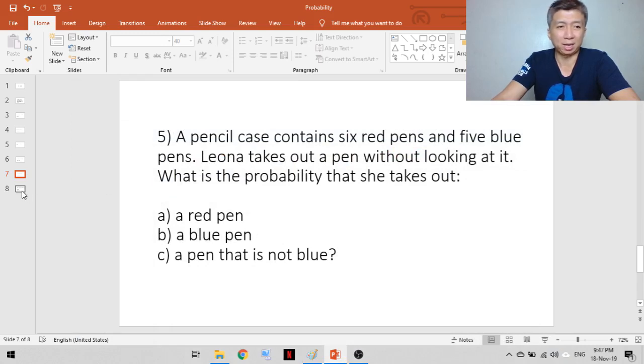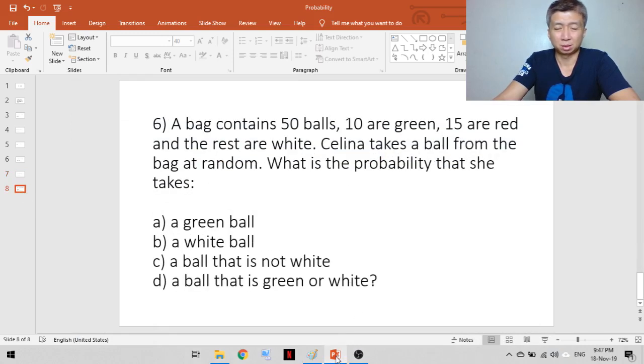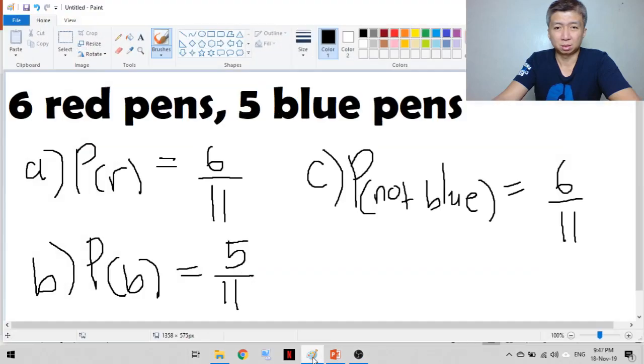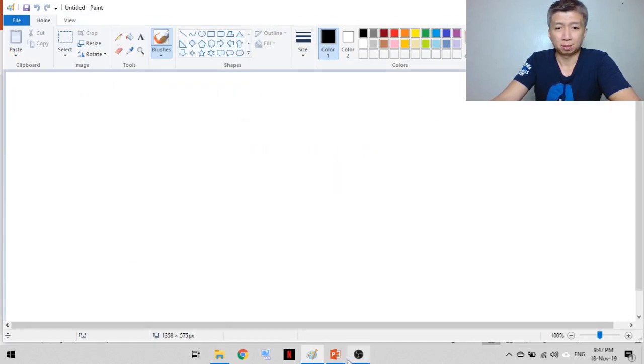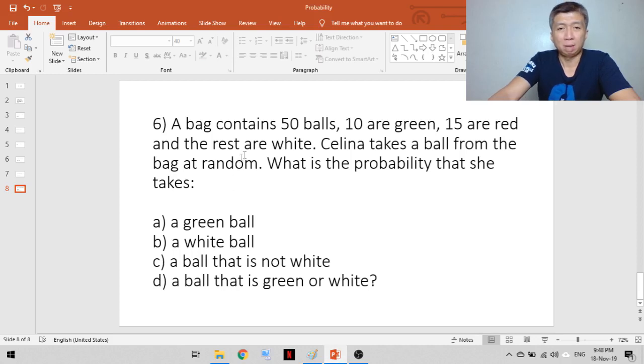Alright? Last one. A bag contains 50 balls. 10 are green, 15 are red, and the rest are white.